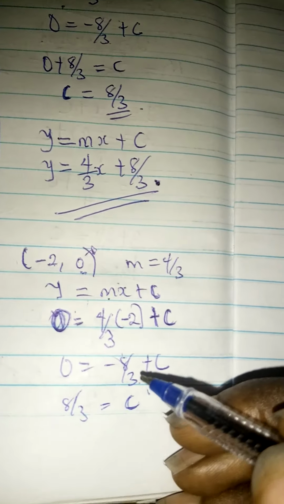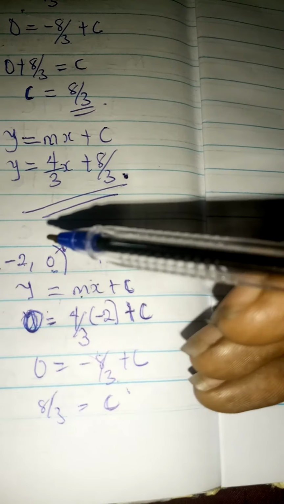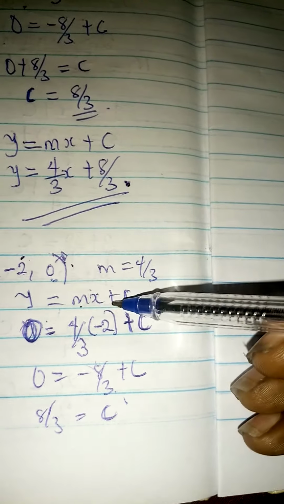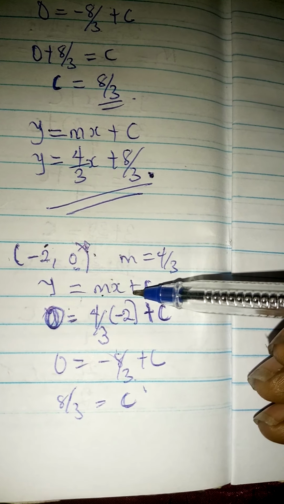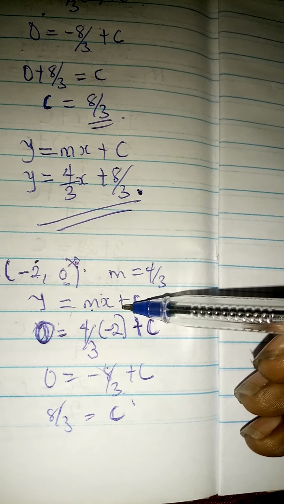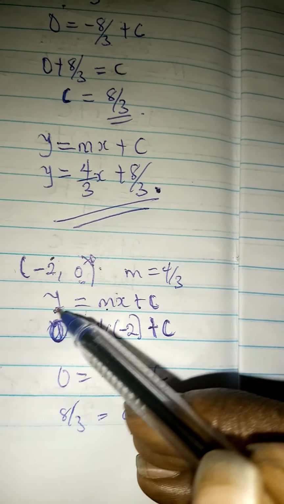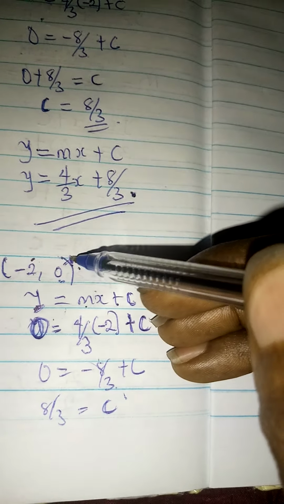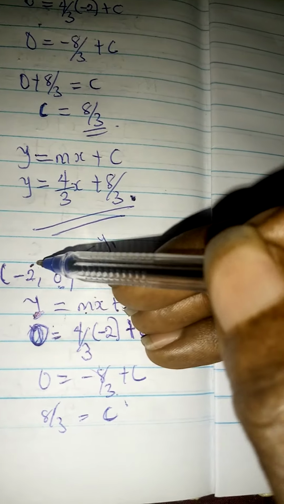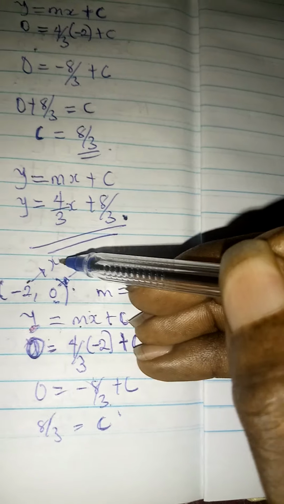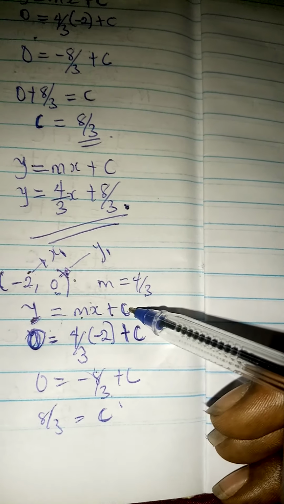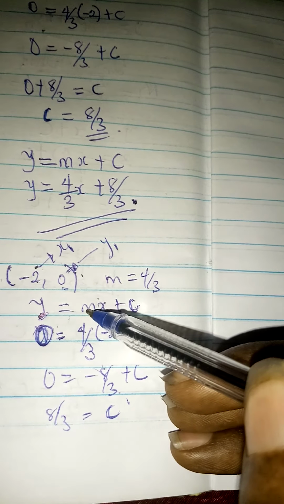The reason why I'm doing this is I want you to understand how we put in values, these two values, into this equation of a straight line. We have done that before. I'm still repeating it again so that you will know that your y is always y1, which is the second one that comes here, while your x is always x1. Please take note of that. c is the y-intercept, and then m is the slope.